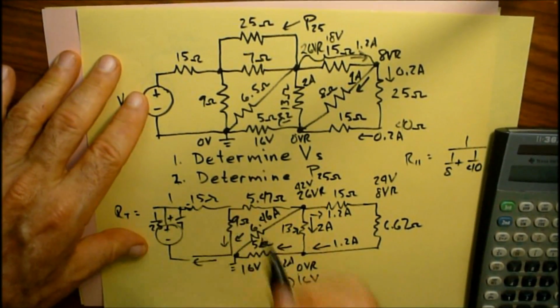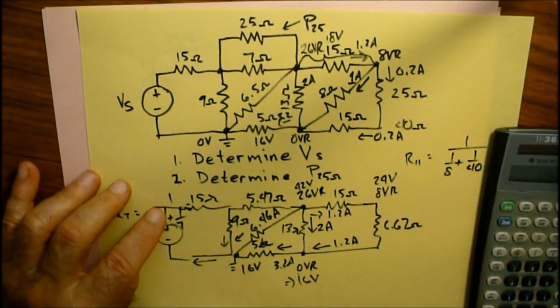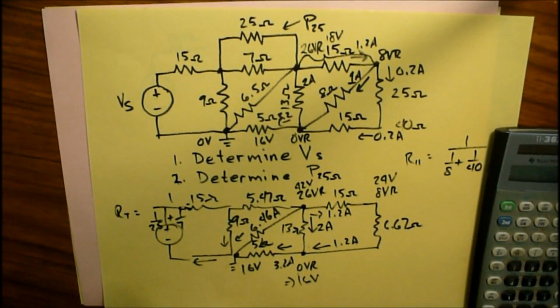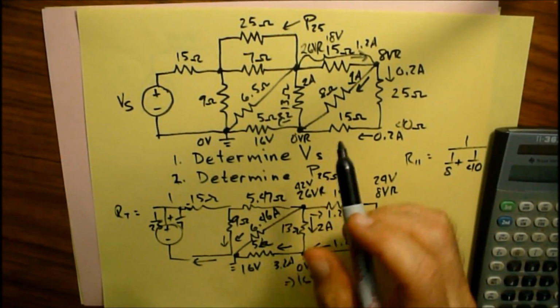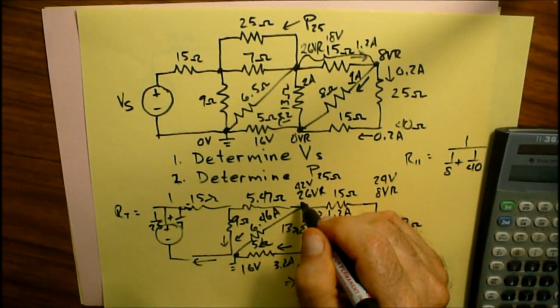Okay, so the main current is supplied from the power supply. Now it's getting a little bit scraggly here. So where can we go from here? Let's see, it's got 5.47 ohms right here and 42 volts.